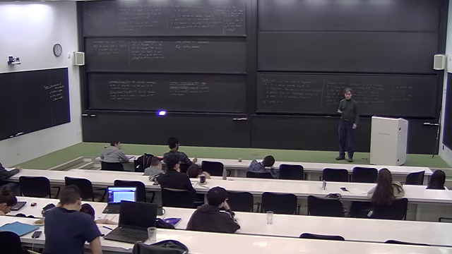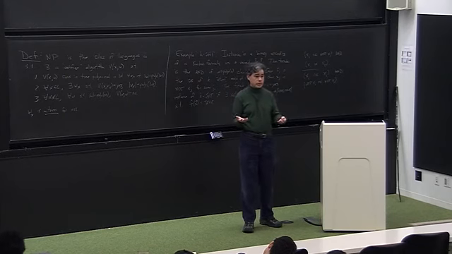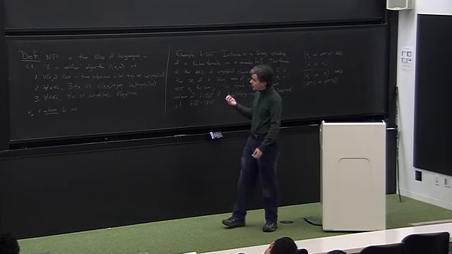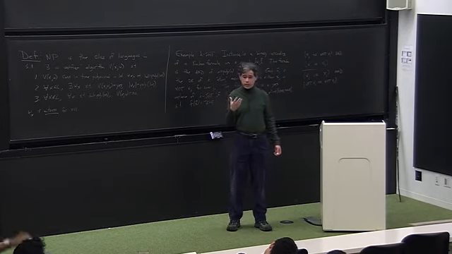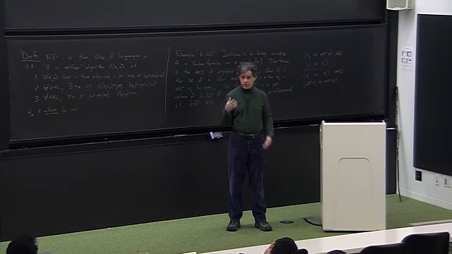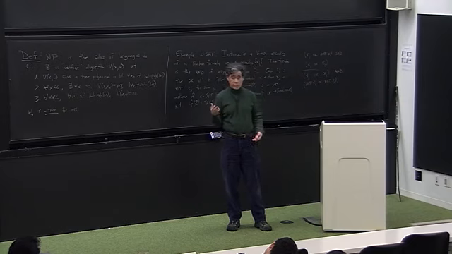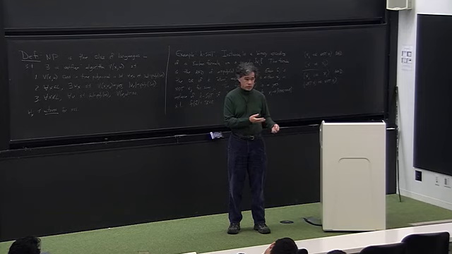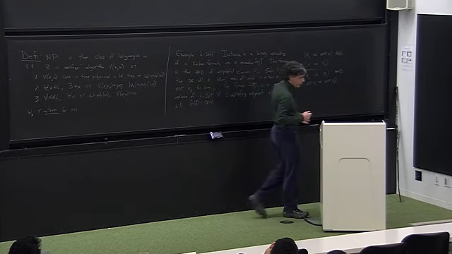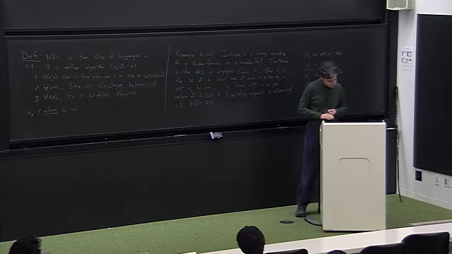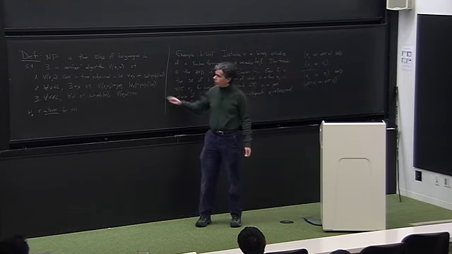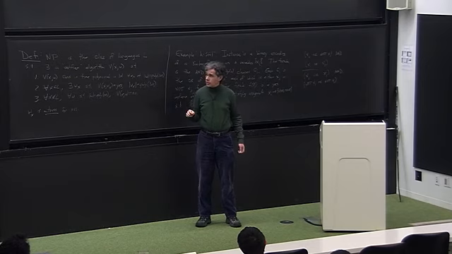And then the verifying algorithm is you plug it into the formula and try it out to see if it works. But if somebody doesn't give you the witness, then this could take a very long time to figure out, because you might say, well, I have to try all possible assignments of variables. OK? So this is an example of a problem that's in NP but is not known to be in P.